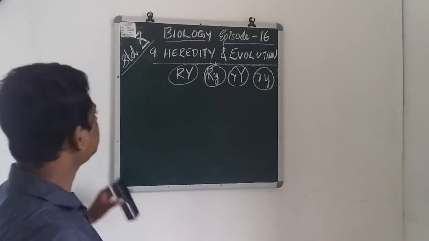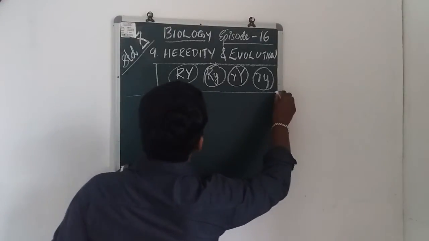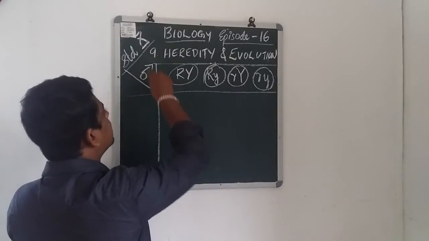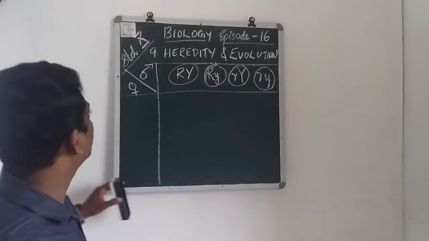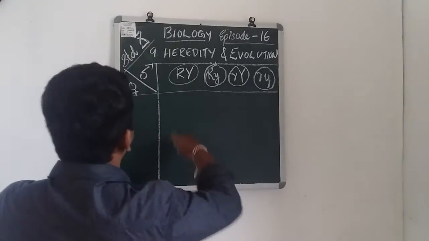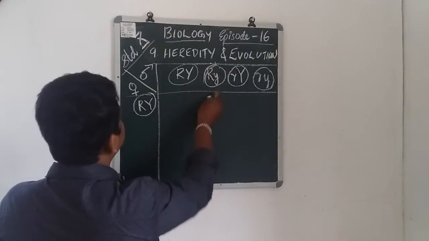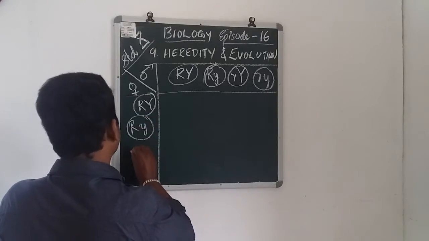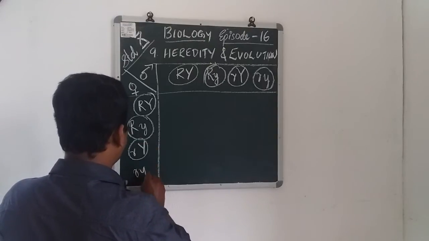And then the chart is not completed. Look, this is considered as the male row and this is the female row. I think the two are the same. Look at that. This is capital R, capital Y, one gamete; capital R, small y, second; small r, capital Y, third; small r, small y, fourth.